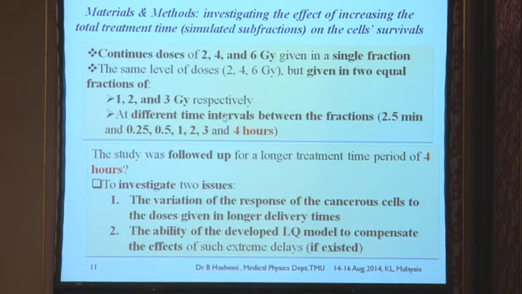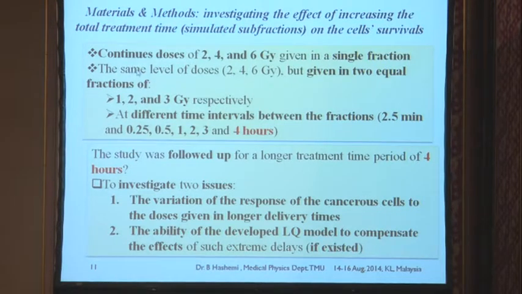We did our experiment on 2 groups of cells. In one group, we used the conventional method without compensating doses. We gave continuous doses of 2, 4, and 6 gray in a single fraction in one group of the cell lines.